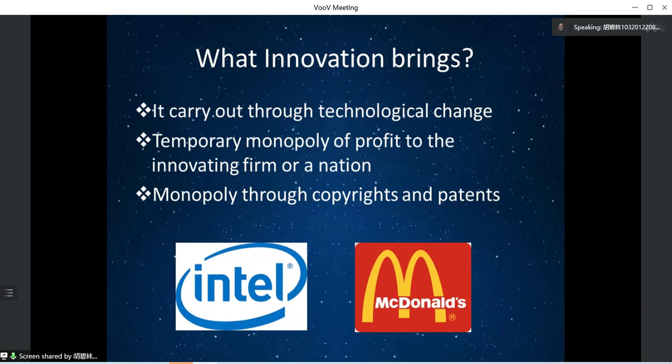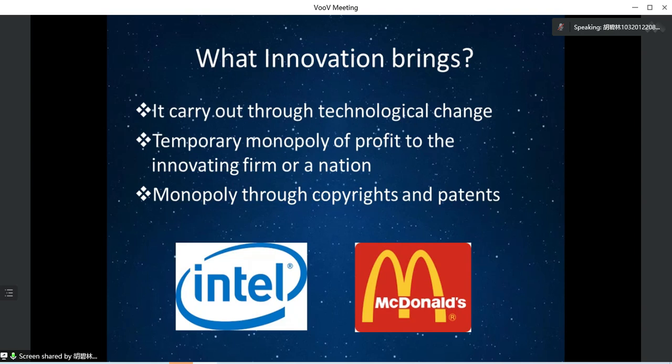Whether it's a firm, a nation, or an individual, if you have the innovation, then you have the monopoly power, which others cannot produce. Nowadays, monopoly is carried out through copyrights and also patents.